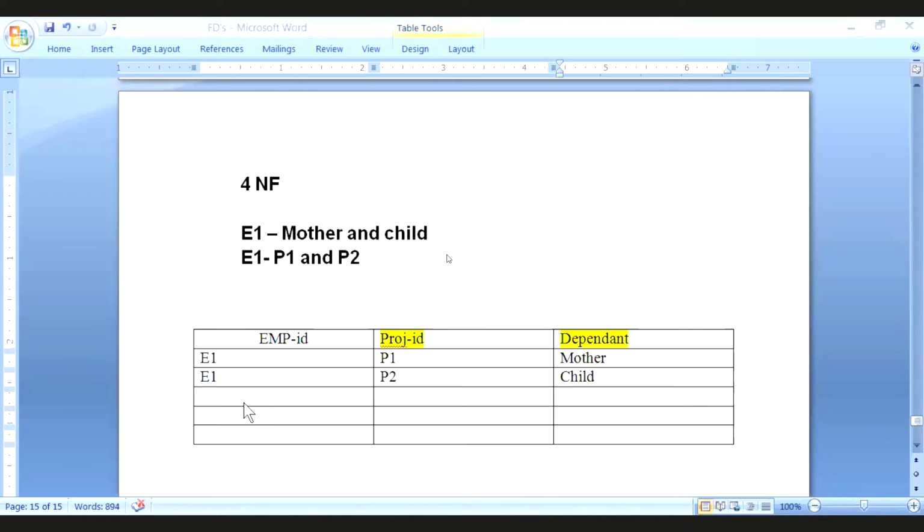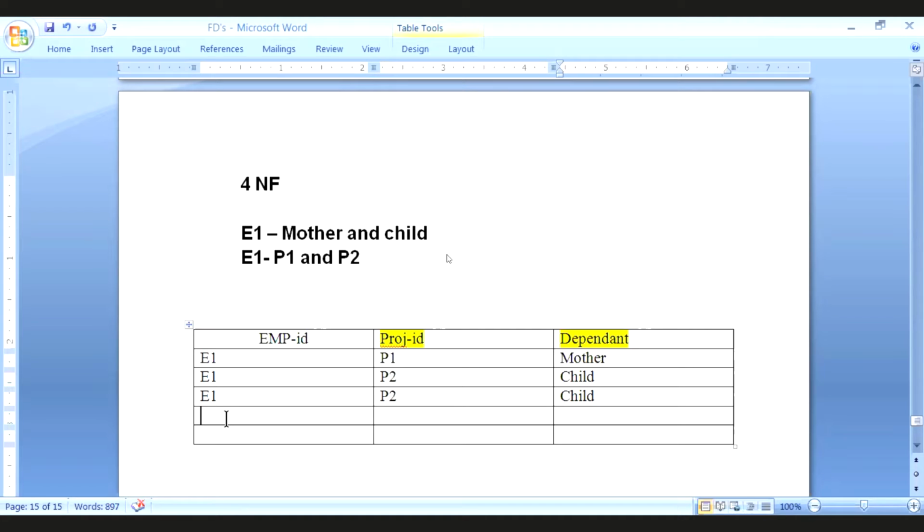So what we have to do is redundantly insert more records in order to get the correct logical information. So we have to insert two more records. What are the two more records I have to insert? One is E1 is also involved in project P2 when the child is dependent.